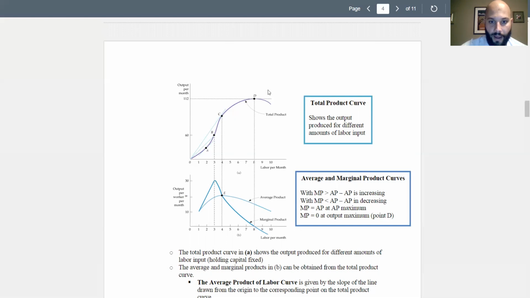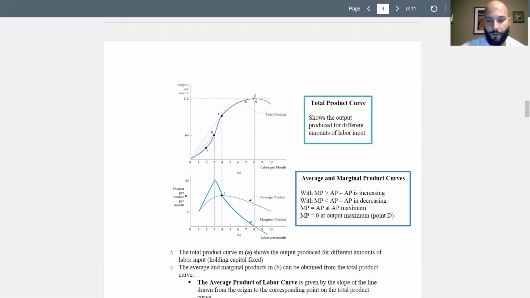And then we have this idea of diminishing total returns, which says that eventually at some point, as long as one of the inputs is fixed, so as long as capital is fixed, if we keep adding labor, eventually total output is going to start going down. And so the reason for that, again, if we talk about keeping capital fixed, suppose we just have a factory or a plot of land, we keep adding more workers, we get more output.